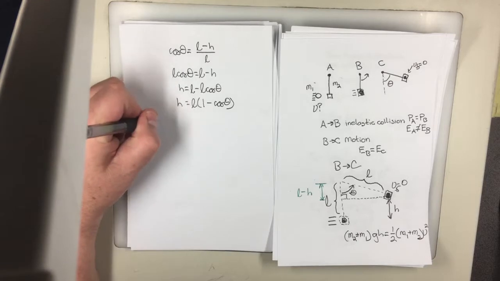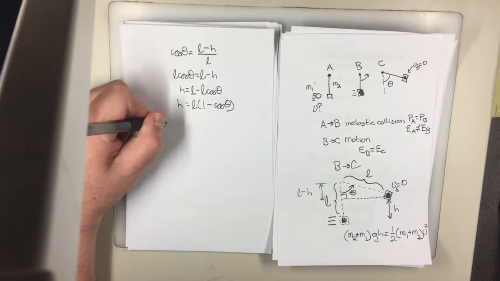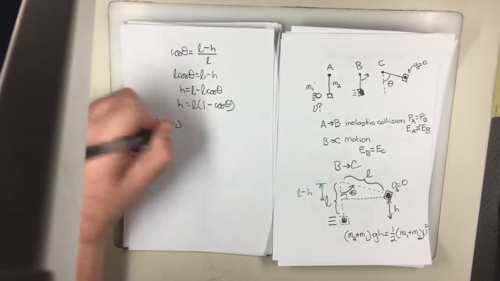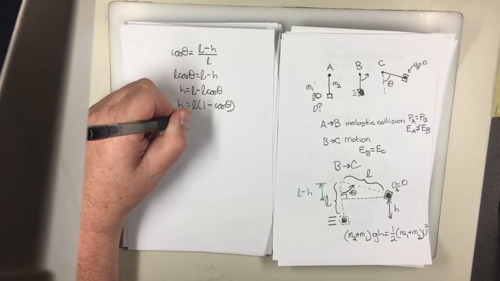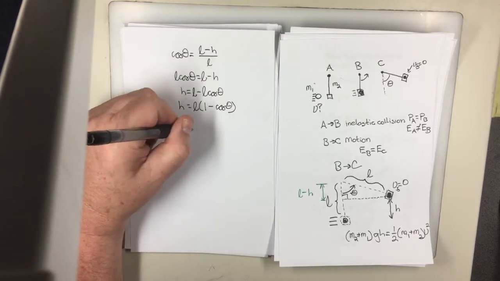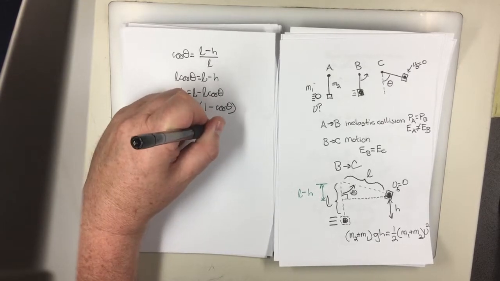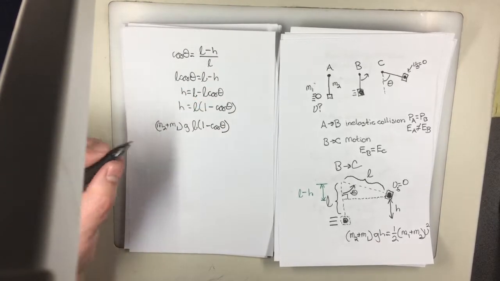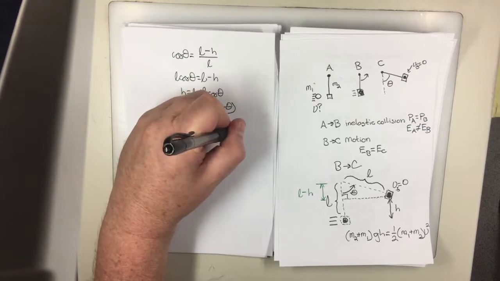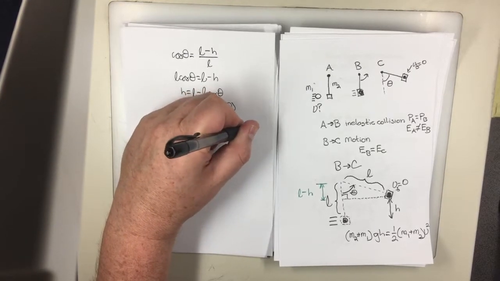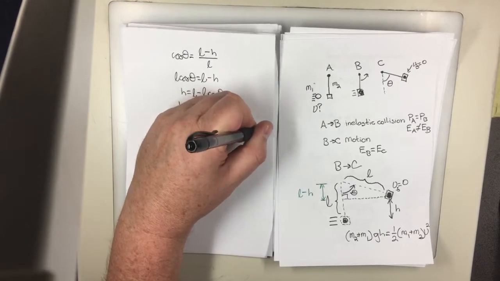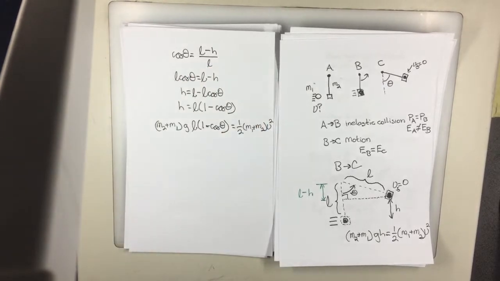So that means that (M2 plus M1) g H is (M2 plus M1) g L (1 minus cosine theta). And that is equal to 1/2 (M1 plus M2) V squared.